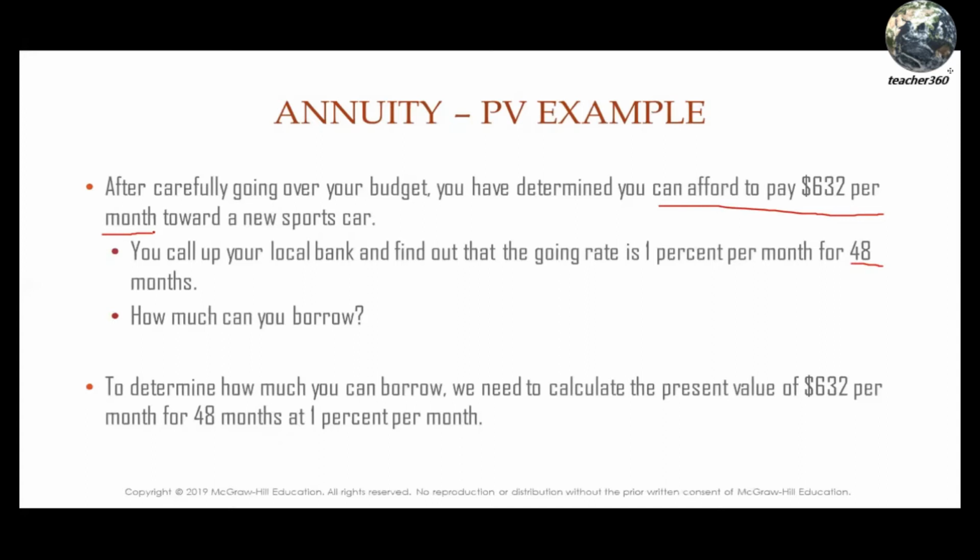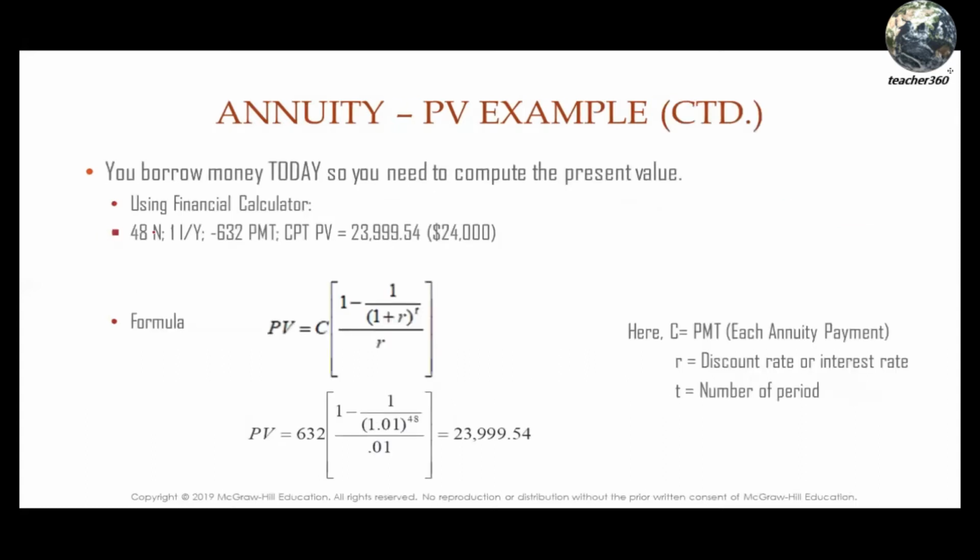That is why it is called annuity. So your PMT is $632, and your interest R is 1%, which is 0.01. So your total period is 48, divided by your required return of 0.01. So you'll get the same result here.